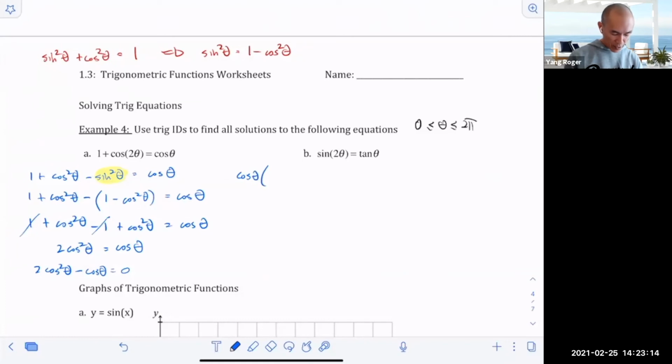And then you've got 2 cosine theta minus 1 equal to 0. So what this gives us is two equations. The first equation is cosine of theta equal to 0, and the second equation is 2 cosine theta minus 1 equal to 0.